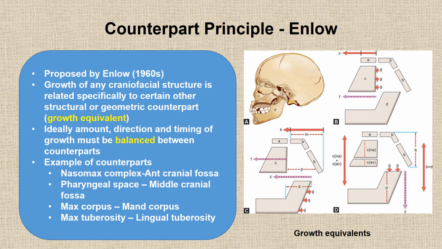This is achieved by growth, which increases the length of the mandible to match the forward positioning of the maxilla. Okay, and the same applies for the growth in the vertical direction. So if this growth between the counterparts, for example, in this case, between the maxilla and mandible is unbalanced, then we will get various skeletal deformities such as class 2 or class 3 skeletal pattern.